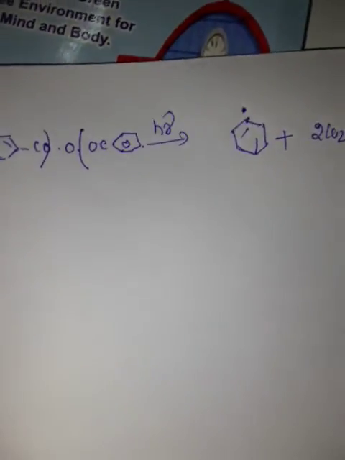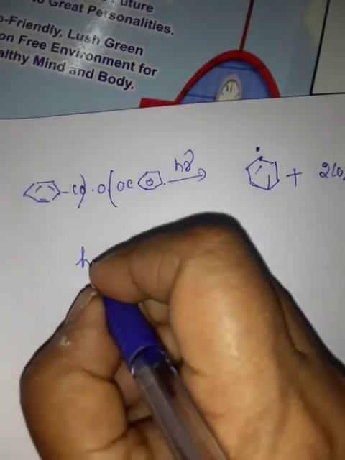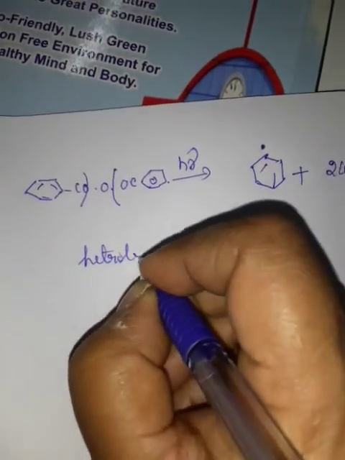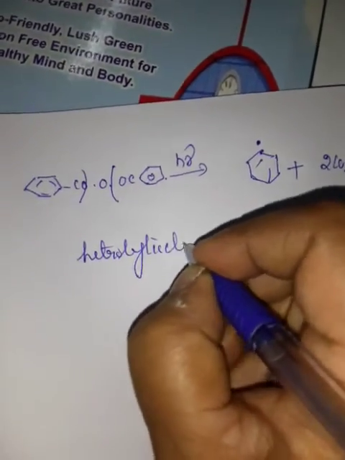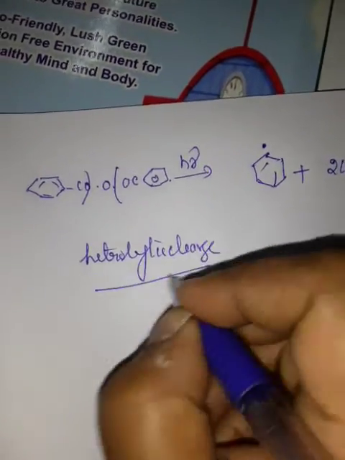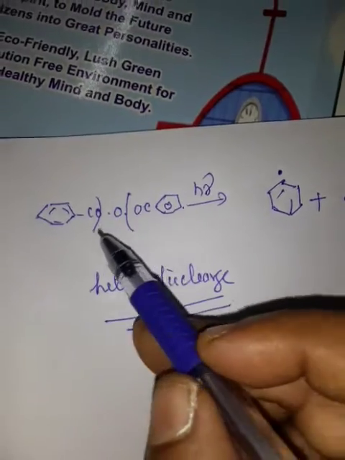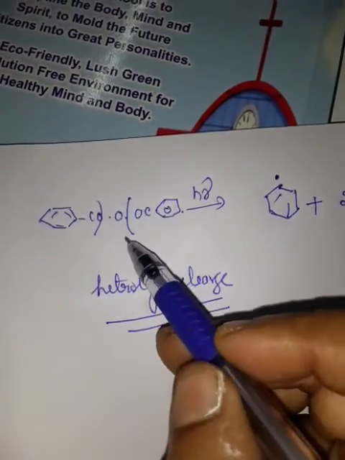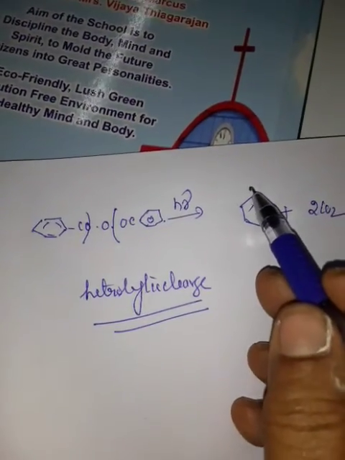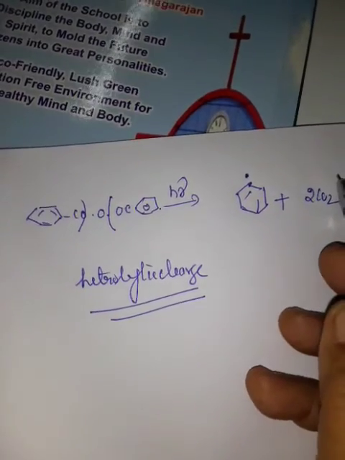Next, what is heterolytic cleavage? So in homolytic cleavage, the bond breaks equally, giving the benzene free radical, and carbon dioxide is released.